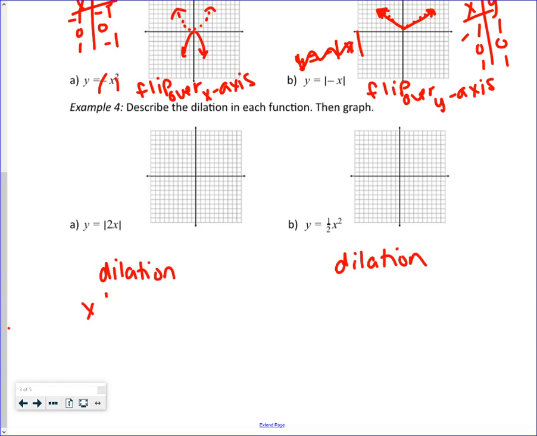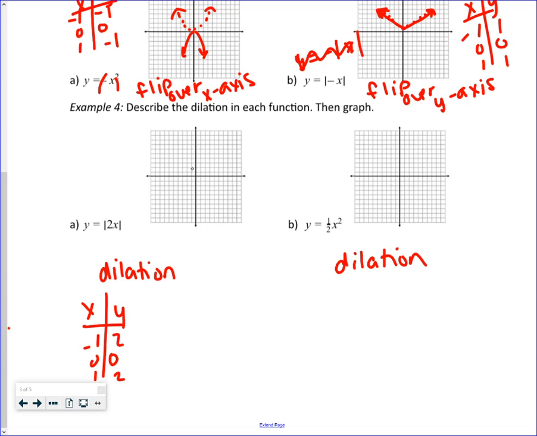So we're going to do a t-table. Again, just like negative 1 to 1 is fine. So if I put in 0 first, what's 2 times 0? 0, absolute value, 0. If I put a 1 in, what's 2 times 1? 2, absolute value, 2. 2 times negative 1, negative 2, absolute value, 2.